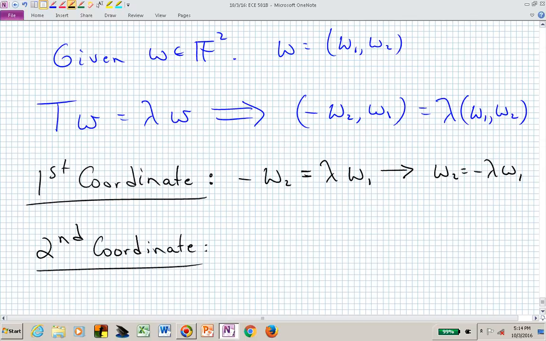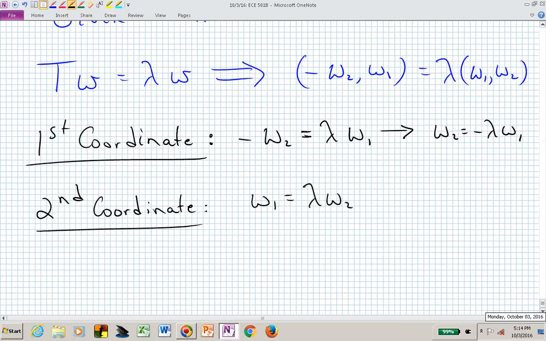And looking at the second coordinate, what does that give us? That says W1 is equal to lambda W2. But we can now combine those two. If we start with W1 from the second coordinate condition, that's equal to lambda W2, but for W2 we have an expression in terms of lambda and W1 from the first coordinate.